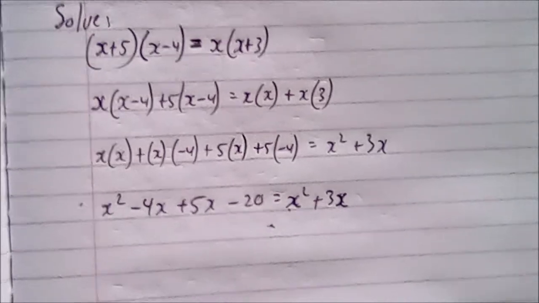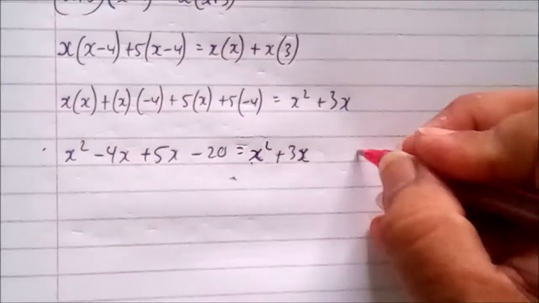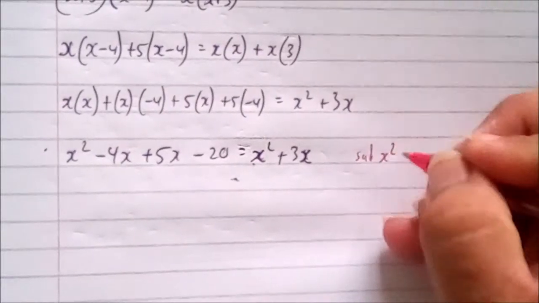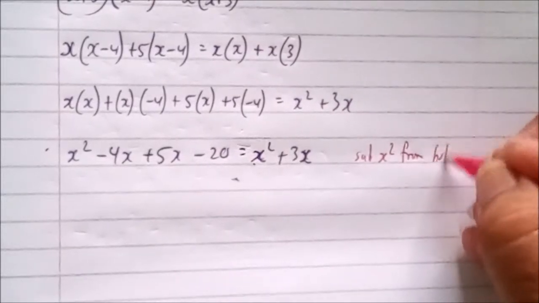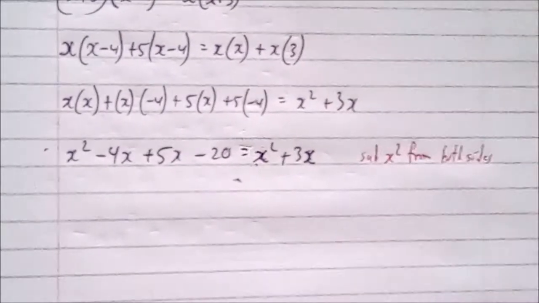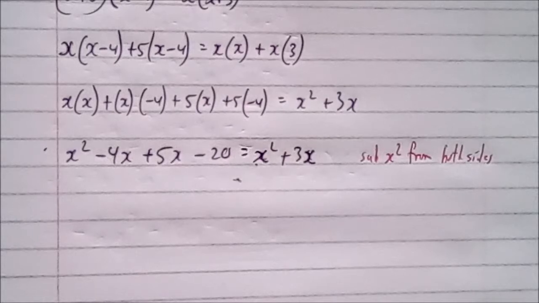So, step here, subtract x squared from both sides. Okay, so now subtract that.